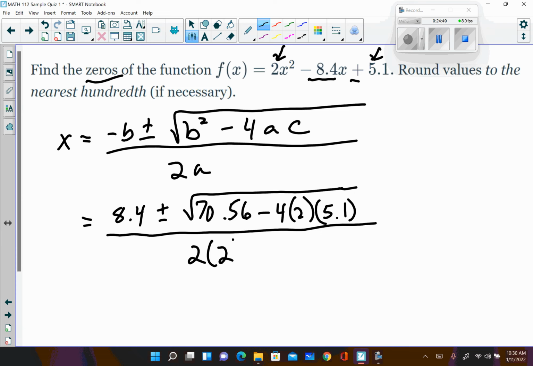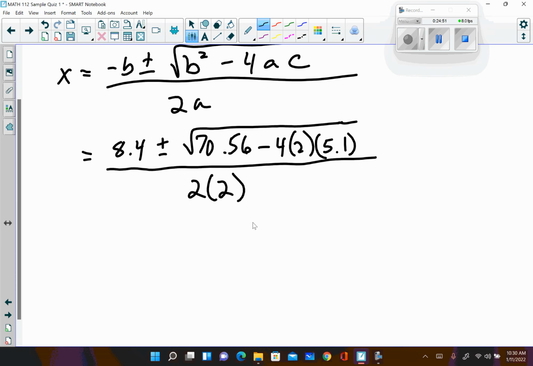A is 2. We're going to perform the multiplication over here: 4 times 2 times 5.1, using my calculator, is 40.8.